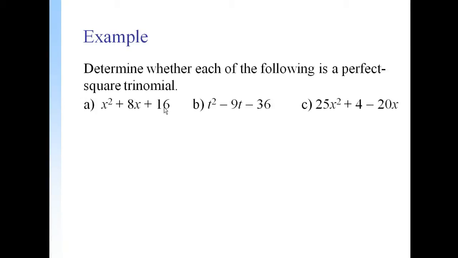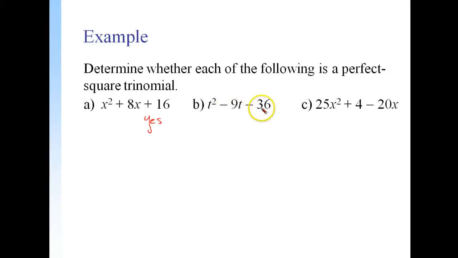Double 4. 8. This is a perfect square trinomial. So this is yes. All right, this is a perfect square. This is a perfect square. And of course there's negative in the middle, but that's okay.